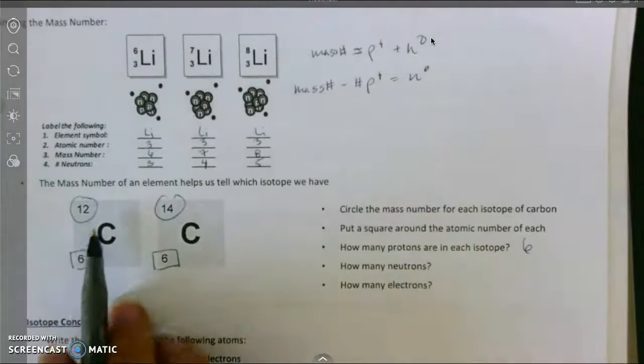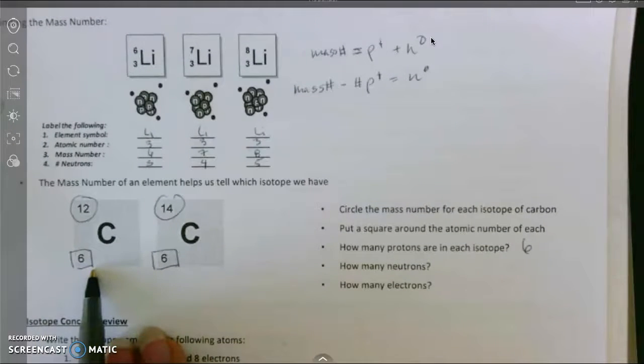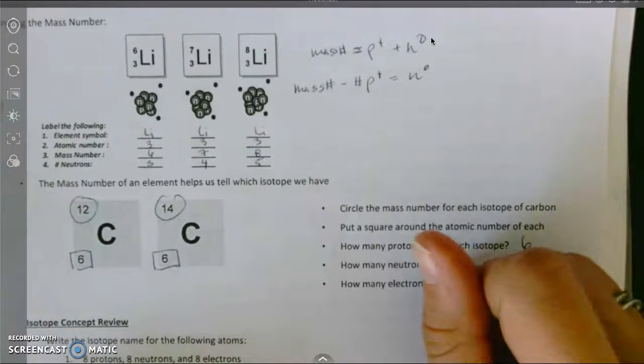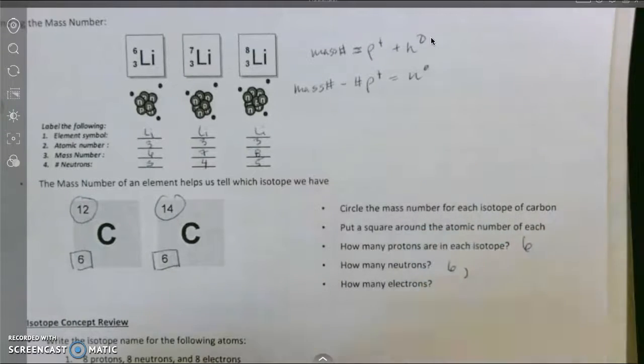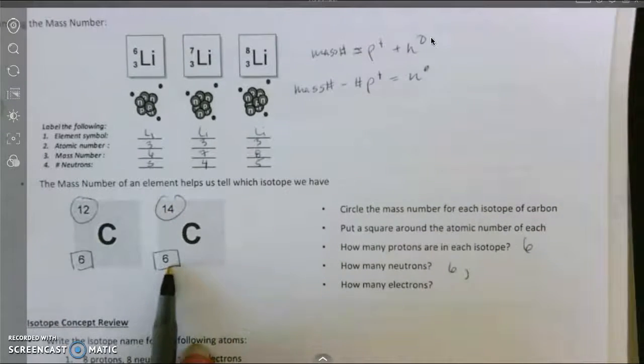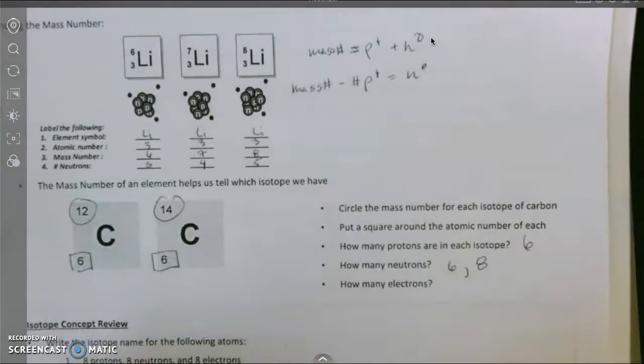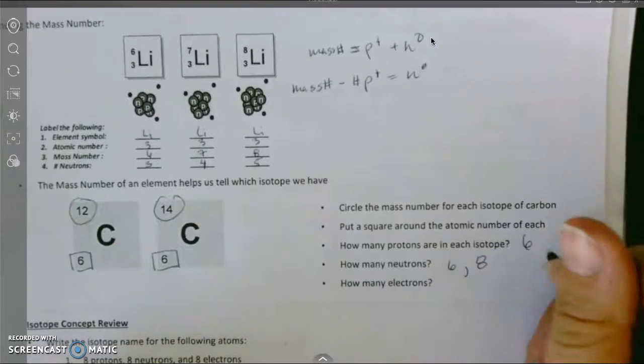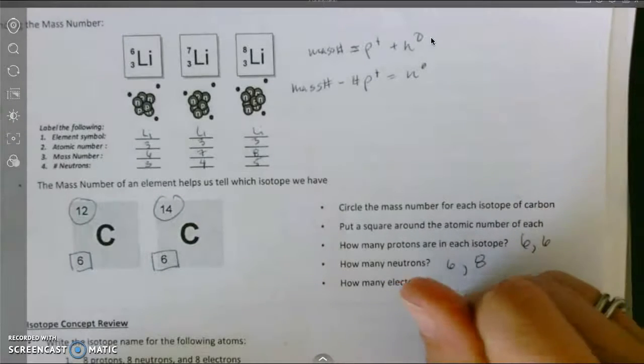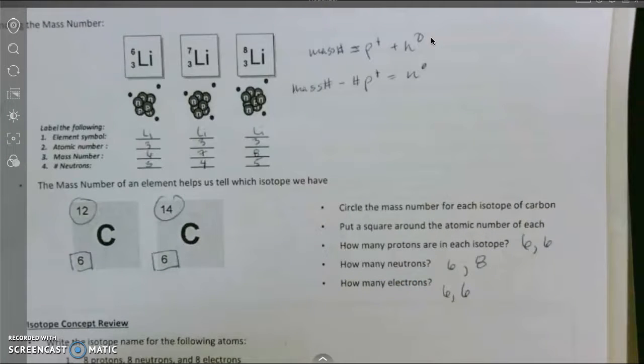How many neutrons? Let's see. Well, 12 minus 6, so the first one has 6, and then the other one has 14 minus 6, so that would be 8 neutrons. How many electrons? Well, they're neutral, and we have 6 protons, so each of them has 6 electrons.